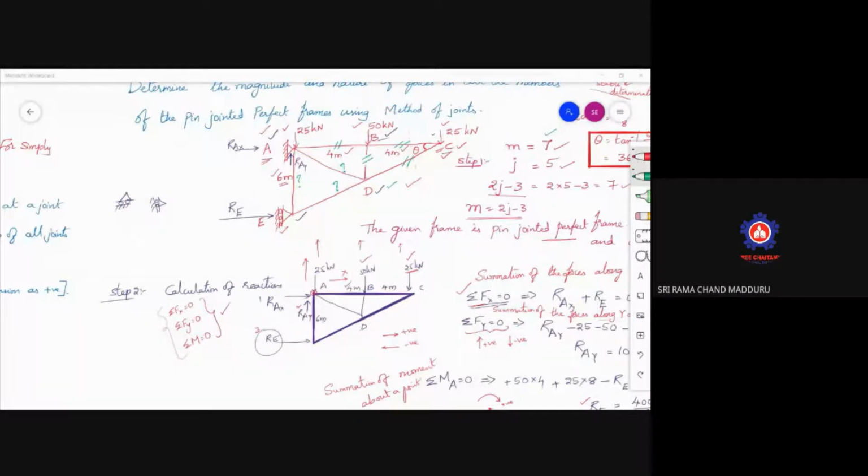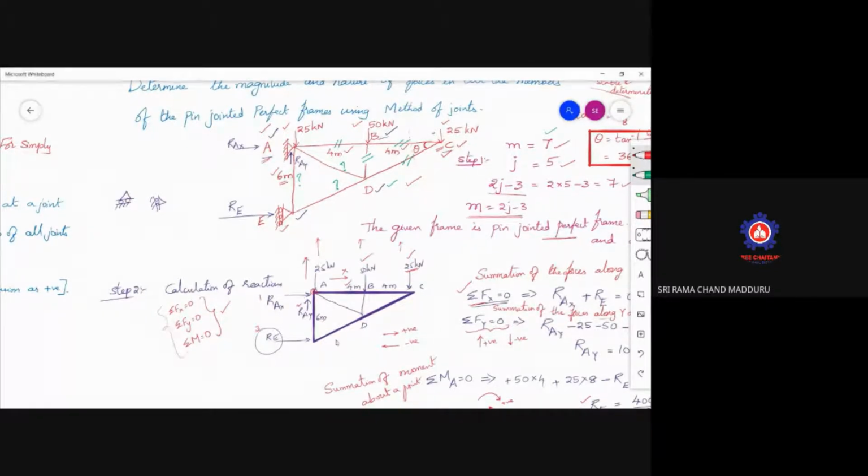So why are we going to joint D? When you go with joint D, a total of 4 members are meeting. In that, already 2 member forces are obtained. So DA and DE are the unknowns. When you go with that one, you have to understand one thing.